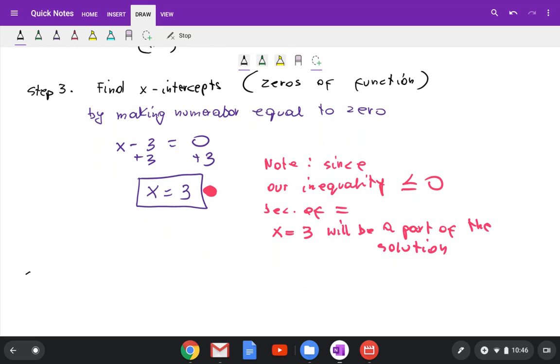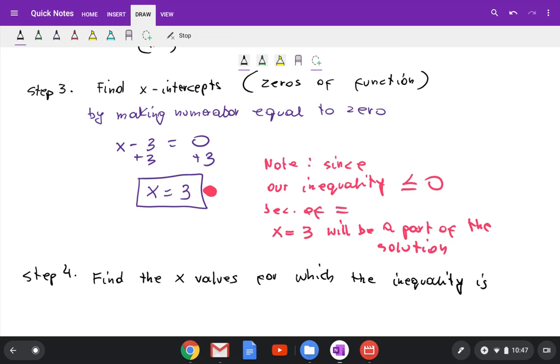Step 4. Okay, next what you're going to do, you're going to find the x values for which the inequality is undefined.